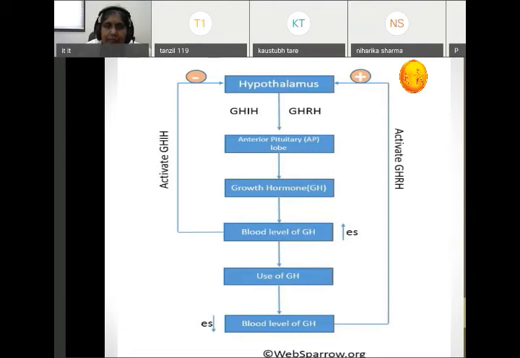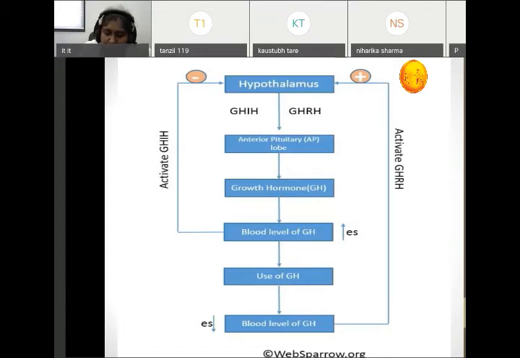Okay? When the growth hormone releasing hormone is activated, it goes to the anterior pituitary lobe. Then it increases the growth hormone, the blood level of growth hormone increases, and the blood level of growth hormone also decreases, and vice versa.